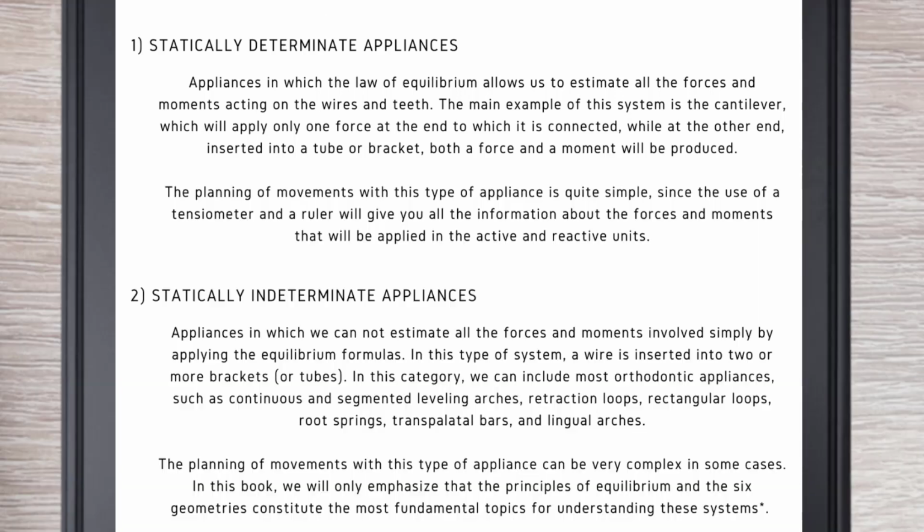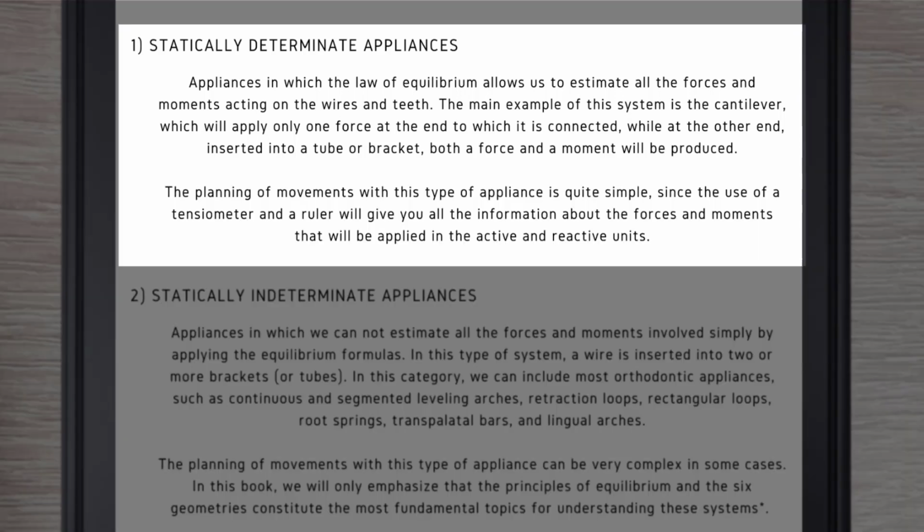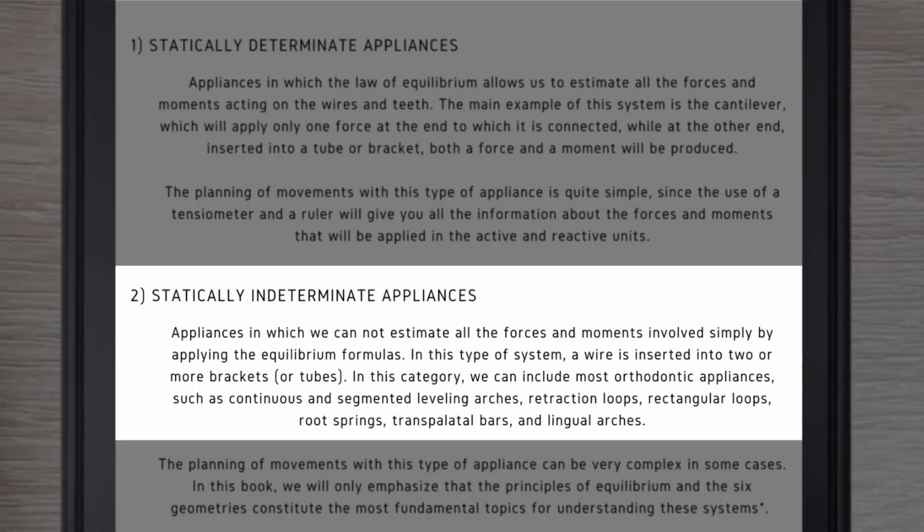The planning of movements with this type of appliance is quite simple, since the use of a tensiometer and a ruler will give you all the information about the forces and moments that will be applied in the active and reactive units. Statically indeterminate appliance.